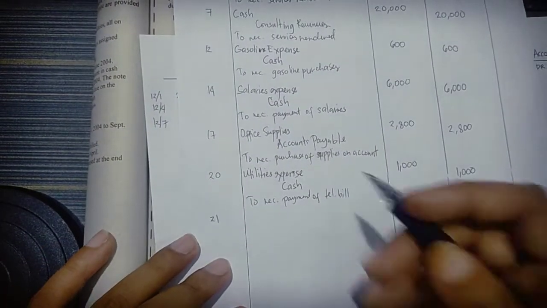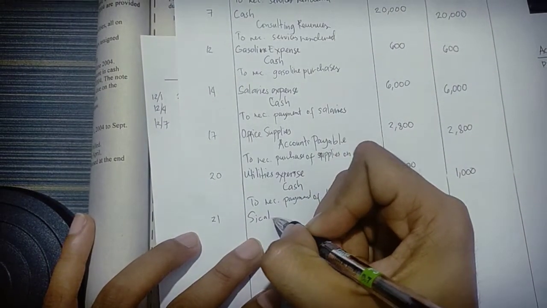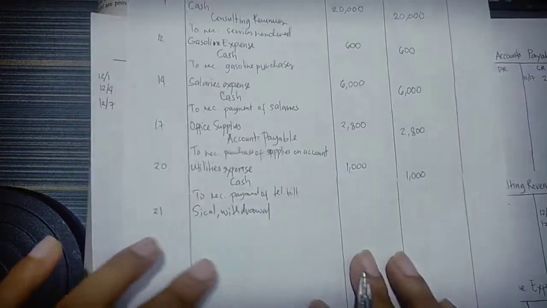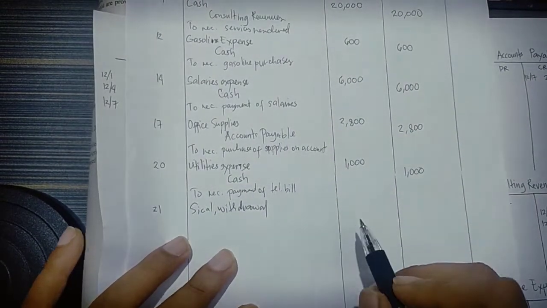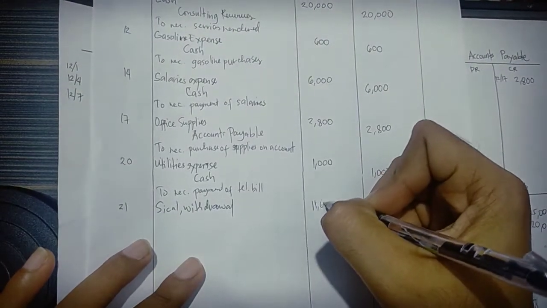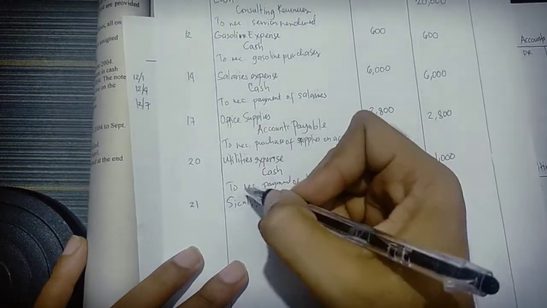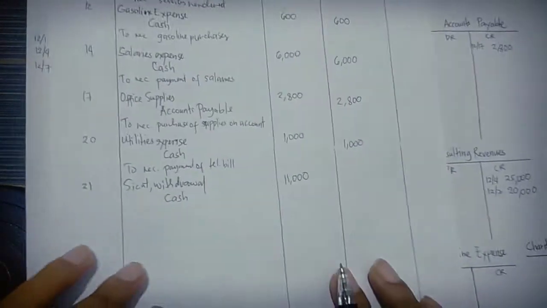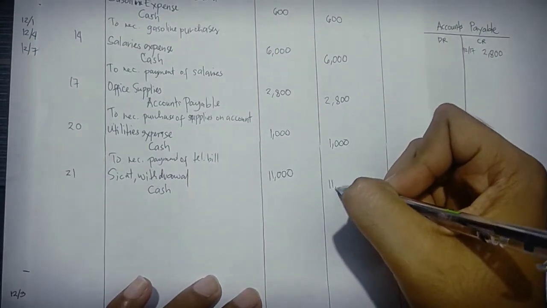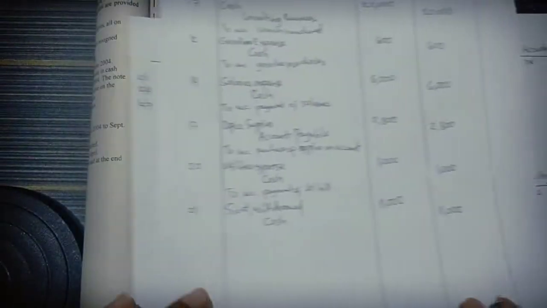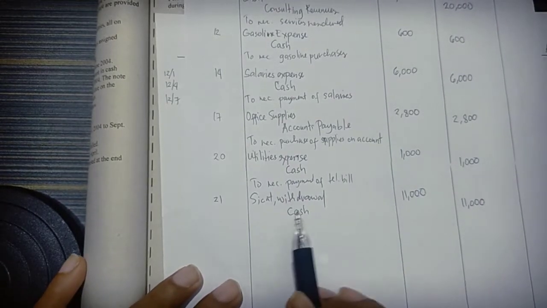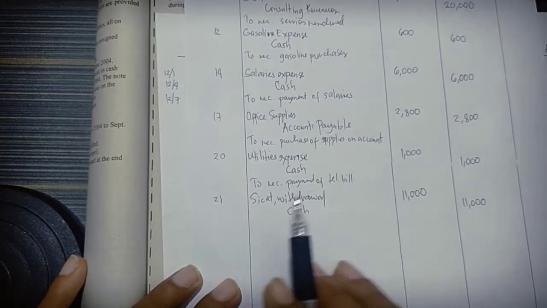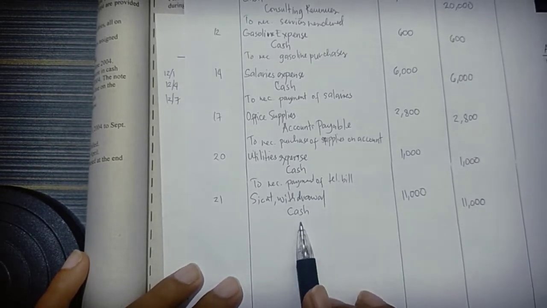That is debit Sikat withdrawal, 11,000. Credit cash. At bakit nag-credit cash tayo? Of course, nag-decrease kasi nag-withdraw siya ng cash. Every withdrawal is recorded on the withdrawal sa debit side. And of course, ang counter or ang effects niya sa other accounts is cash kasi cash yung withdraw niya.